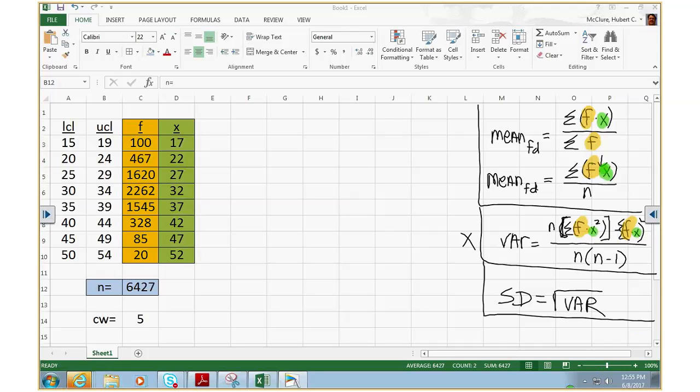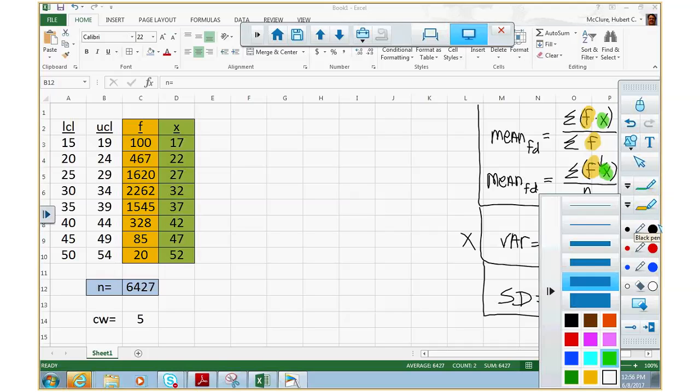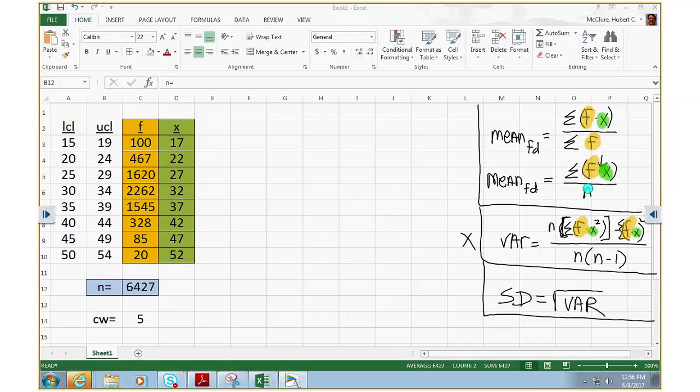And then I'm going to take the blue highlighter. Actually, it's kind of a violet, but I don't have a violet. And there's N, there's N, there's N, and there's N. So why am I doing all this? Because in those three highlighted areas, you've got everything you need to do it.